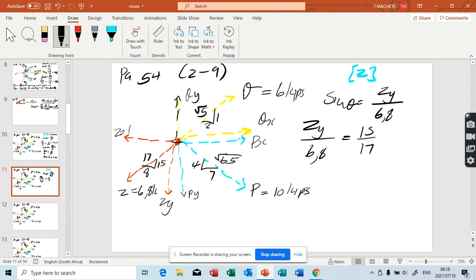Okay, so you said it's negative, minus 6. You just write negative there, or can say downwards. Then your cos theta equals Zx over 6.8.